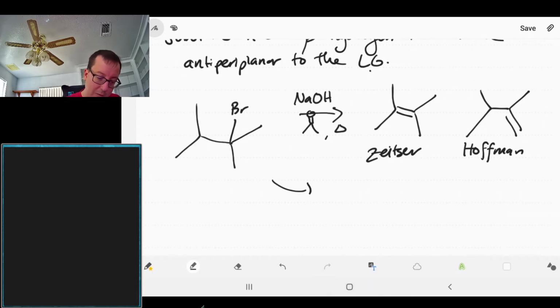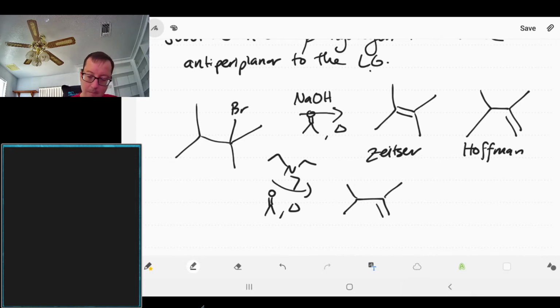If we use triethylamine instead, we will pretty much get only the Hofmann. So this would be our major product here, and we would have the minor product as the Hofmann. Because this hydroxide is nice and small, it can go ahead and pluck protons off wherever.